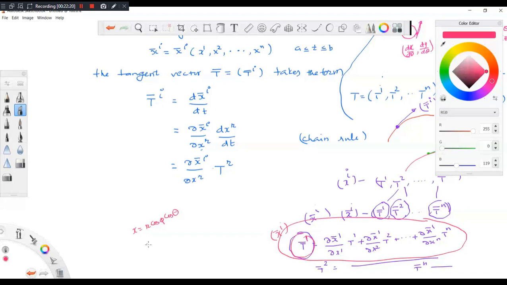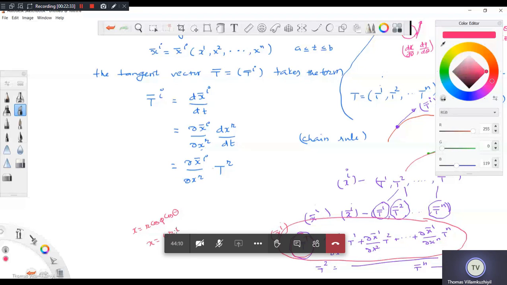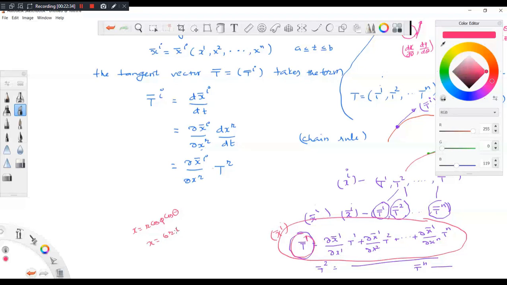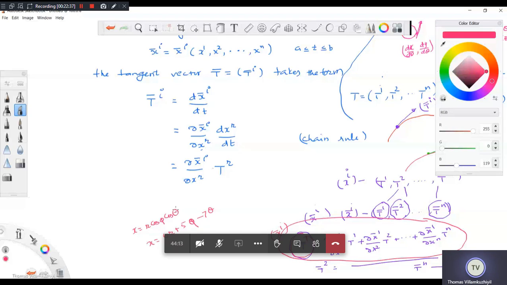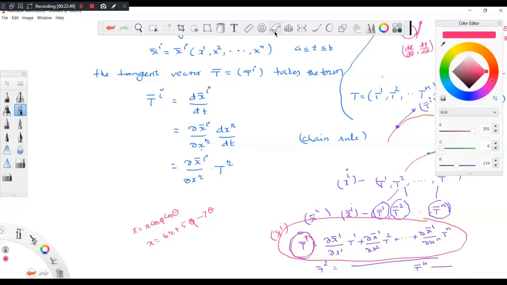It will be linear if, suppose, x is equal to some constant, 6r plus 5 theta or 5 phi minus 7 theta. So this is linear. But here there is multiplication, so this is not a linear kind of transformation. You follow me? It is a general transformation. What I want to say is that this is valid for all general kinds of transformation.